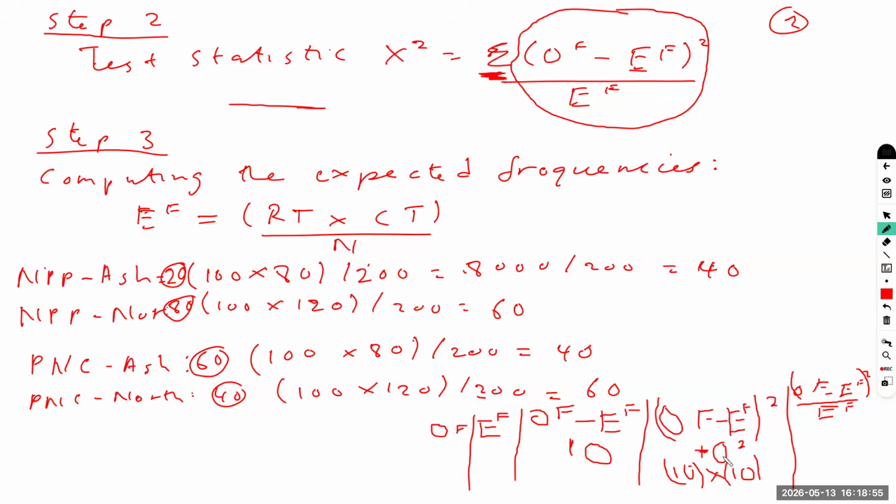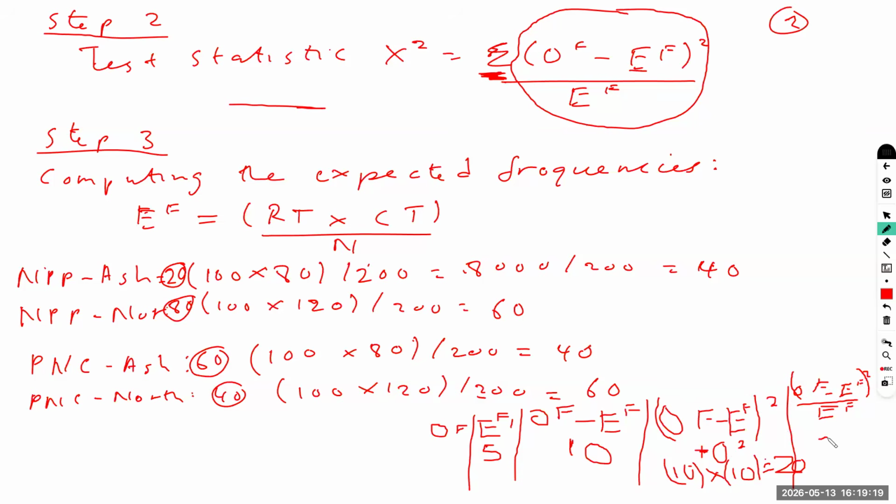If for example we had 10 squared, and 10 times 10 is 20, we had 20. Then are you with me? Yes. If I had 20, let's assume that here EF we had 5. So the answer you've gotten for OF minus EF squared, you come and divide it by the EF value. So I divide 20 by 5.